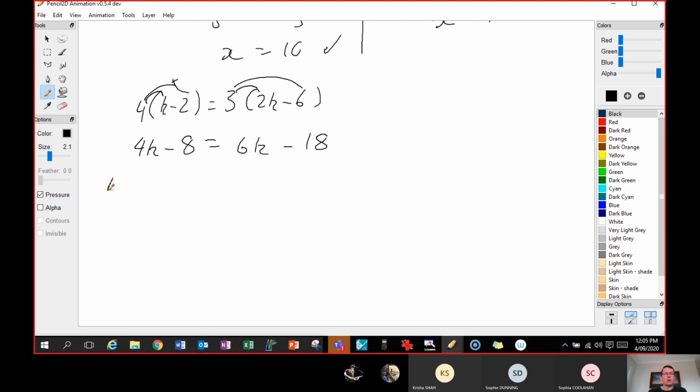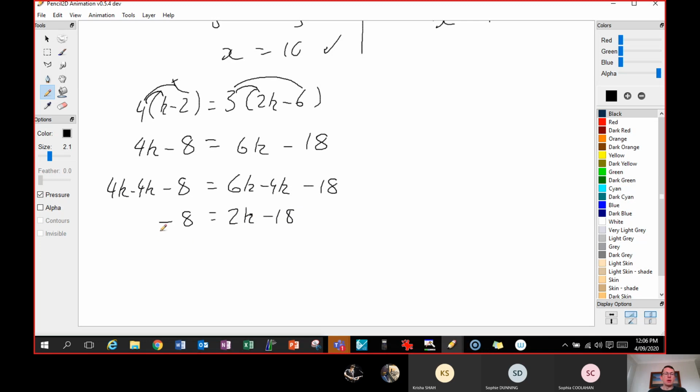So I'm going to minus 4k, 4k minus 4k on both sides. So I've kept it balanced because I've just minused 4k on both sides. That'll leave me negative 8. I'm left with 0k here. That'll leave me 2k.